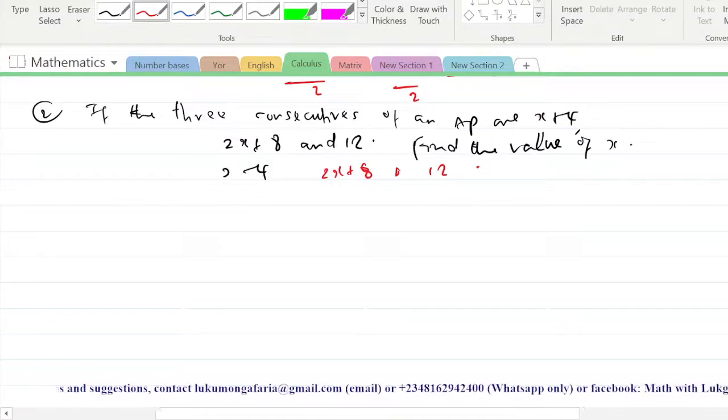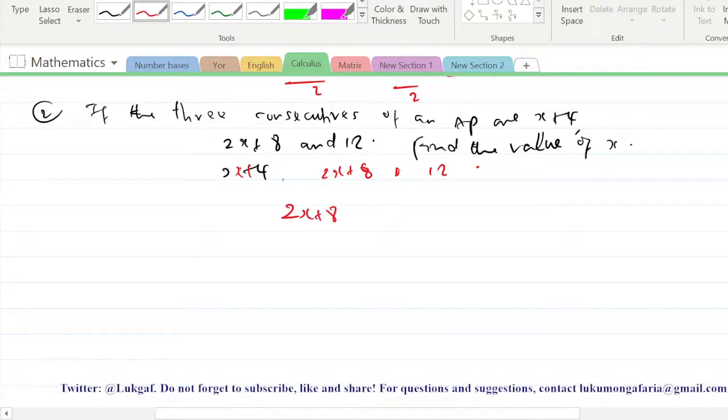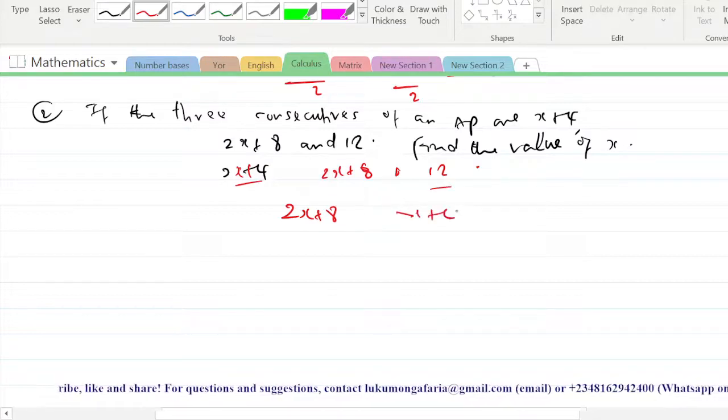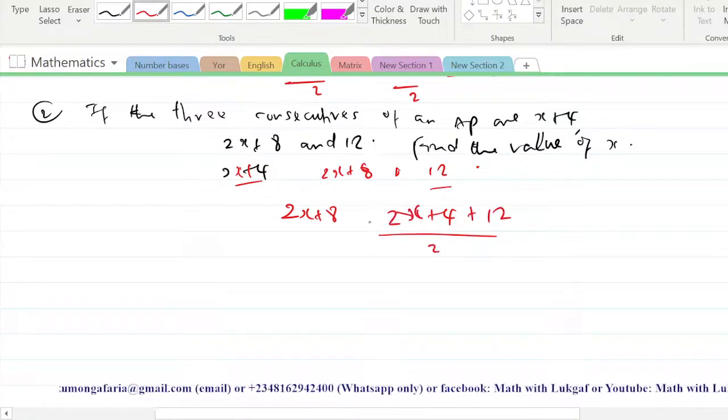Don't forget, from the property of arithmetic mean, we can say that the middle term here, which is 2x plus 8, is the same thing as the sum of the first and the third, x plus 4 plus 12, divided by 2.